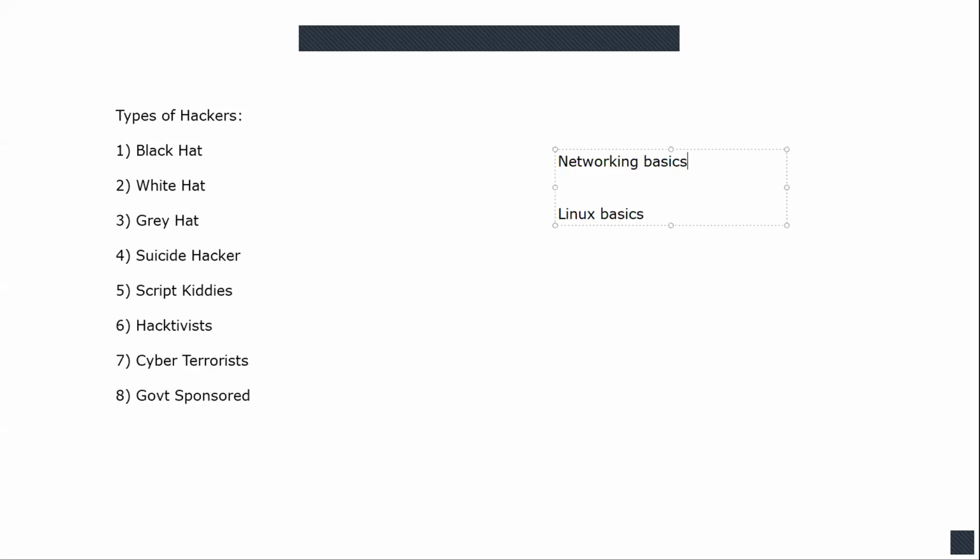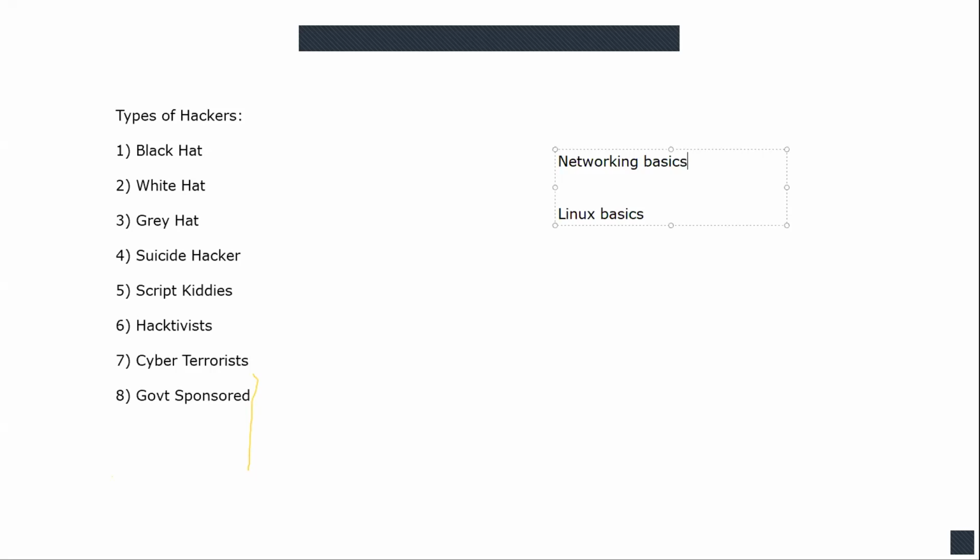In movies, you'll see them typing a few keys and pressing enter, and there will be a green screen which says access granted or something. That is all full of lies. So you need to practice a lot.